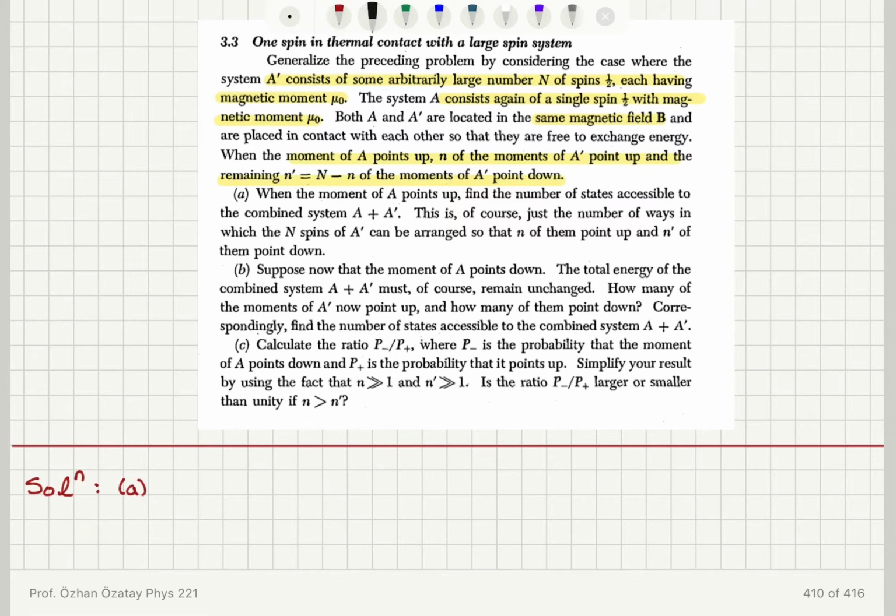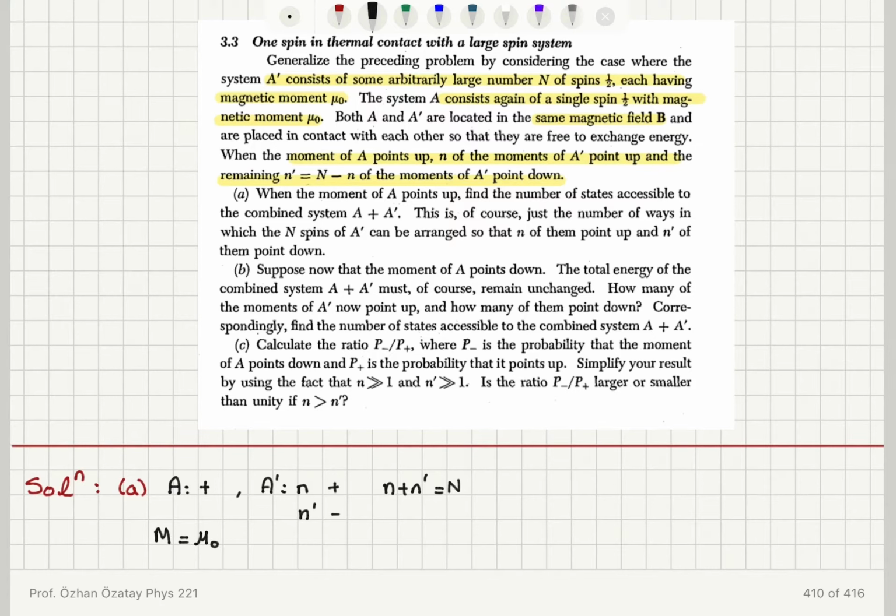So there are a few things I should basically note here. When the A spin points up, when it is plus, A' has n moments pointing up and n' moments pointing down, and n plus n' is equal to capital N. Therefore, the corresponding total magnetic moment for system A will be equal to μ0.